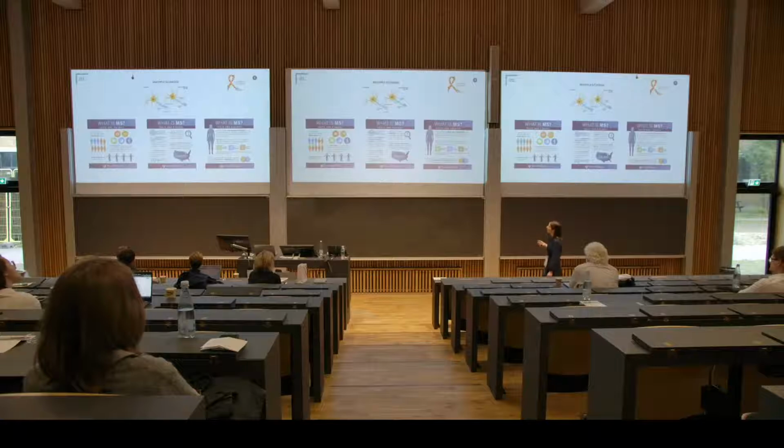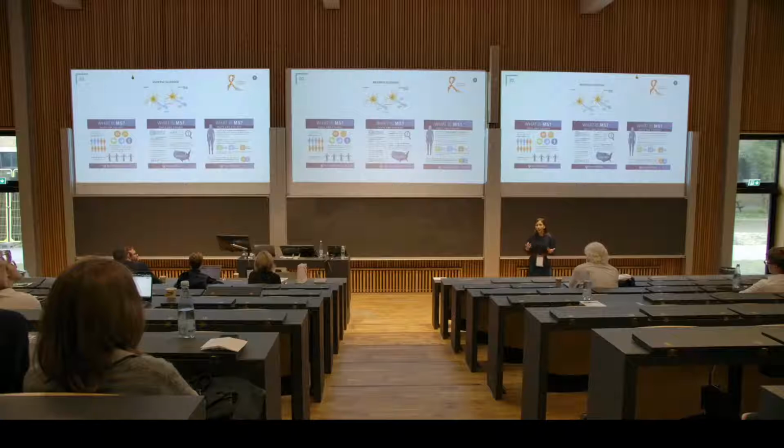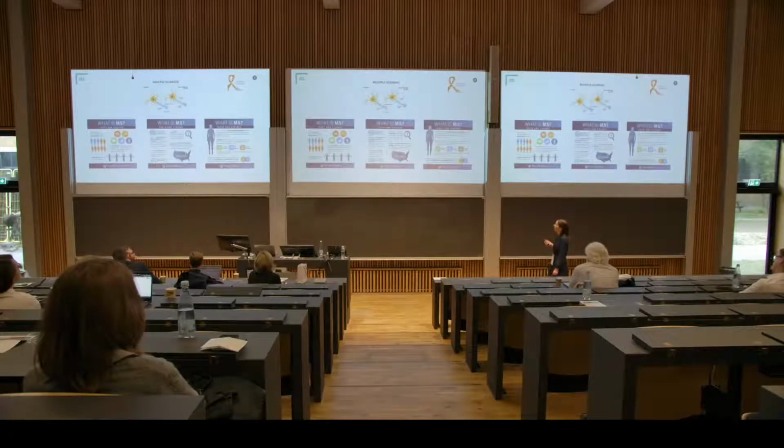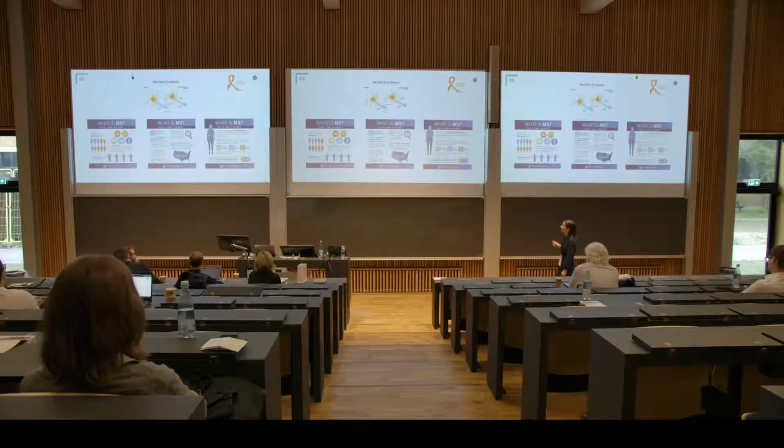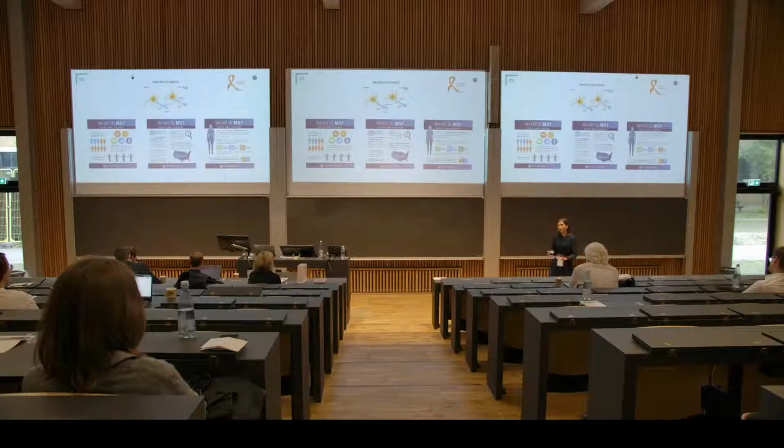As you can see, this is a nerve cell in a healthy individual, and it's covered with what I would call a protective blanket, called myelin. But what happens in multiple sclerosis is that this protective layer, myelin, is damaged. So this is the cause or the consequence of multiple sclerosis.